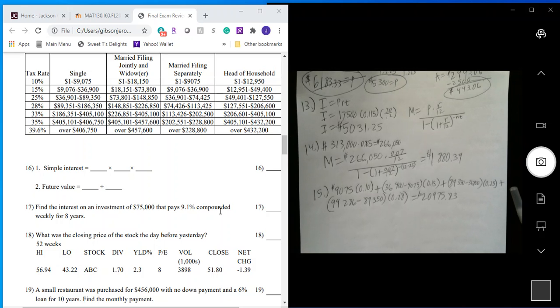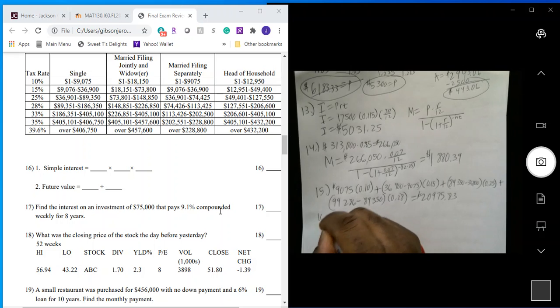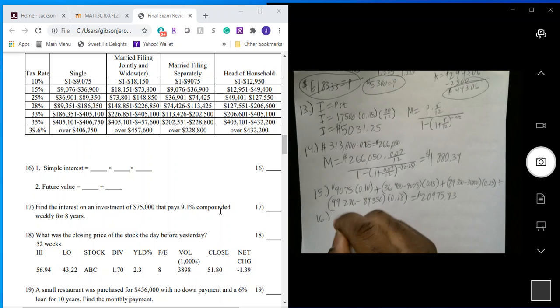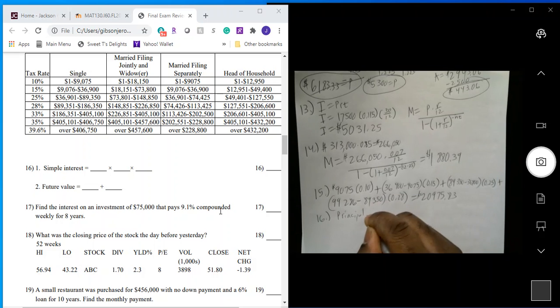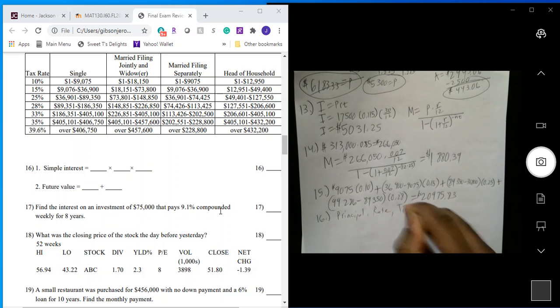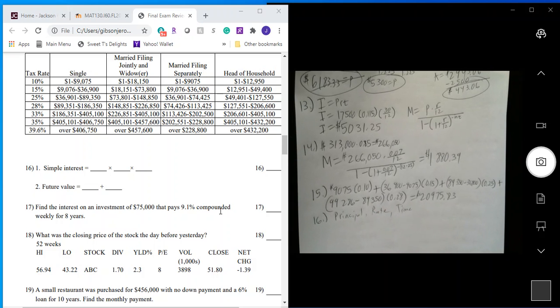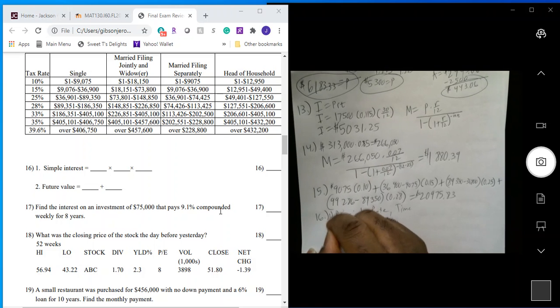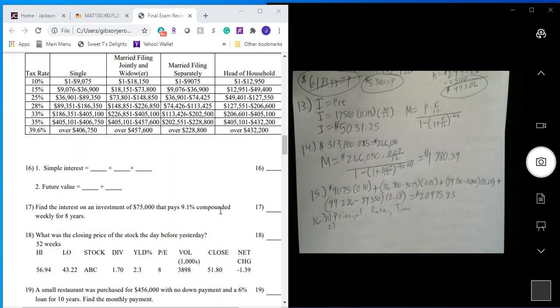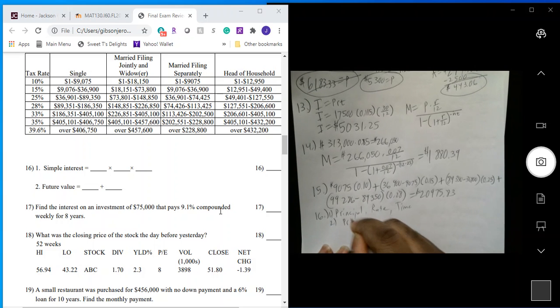So for 16, we have principal, rate and time, because you will actually be writing it on the paper. So principal, rate, time. And then that'll be for the number one. Number two, it'll be the principal and also interest.